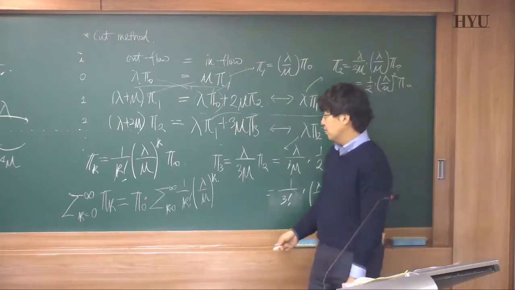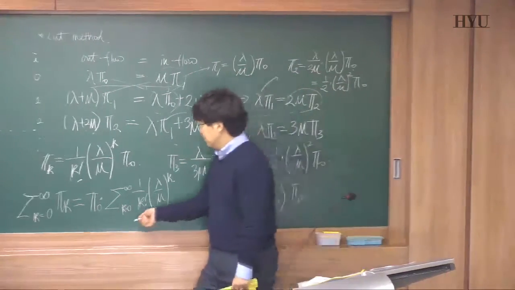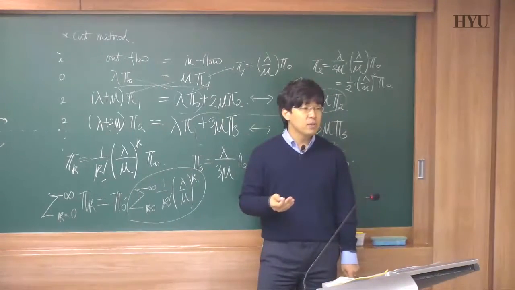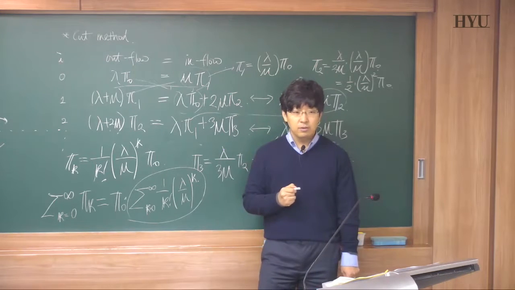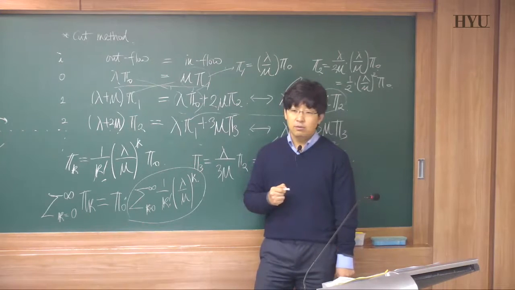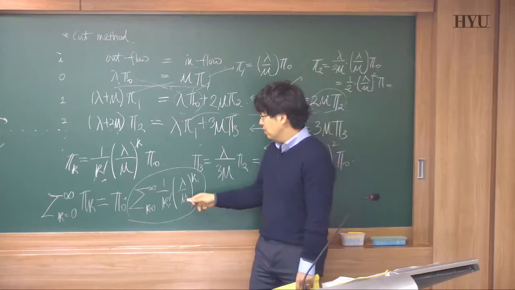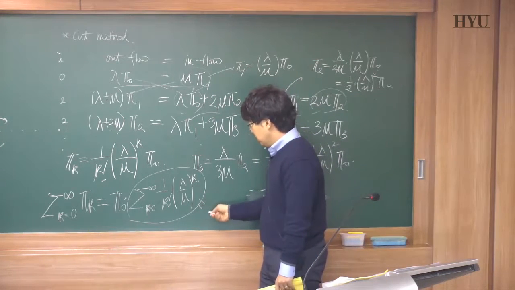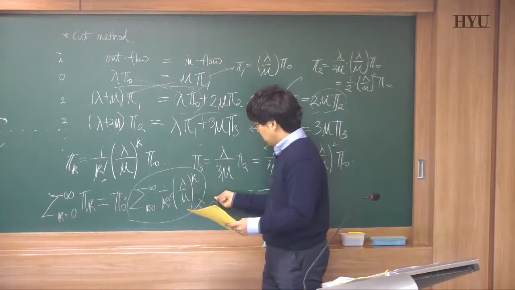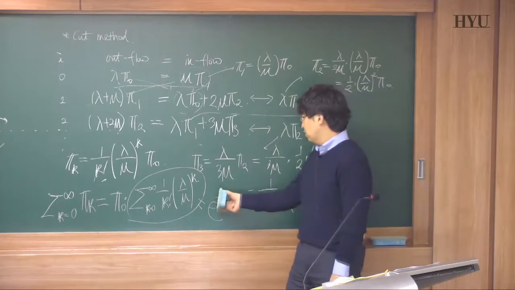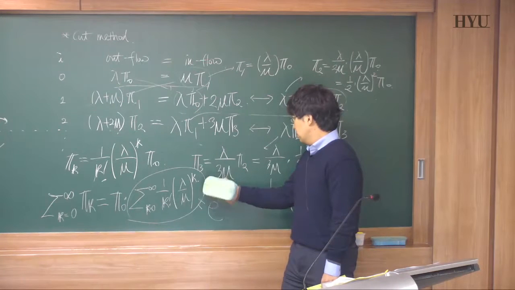Okay. So is there any idea how can we rewrite this with a function we are familiar with? Exponential. This is kind of the Maclaurin series or Taylor series of the exponential function, right? This one is the same as e to the lambda over mu. Right?